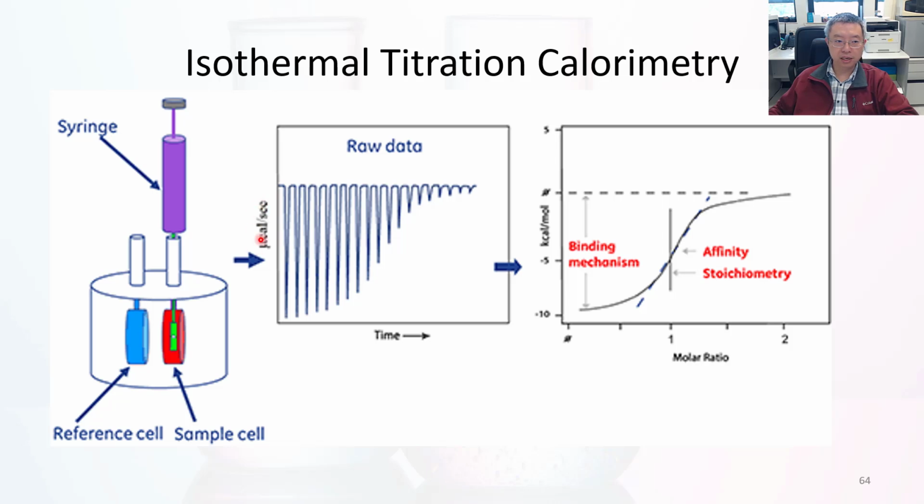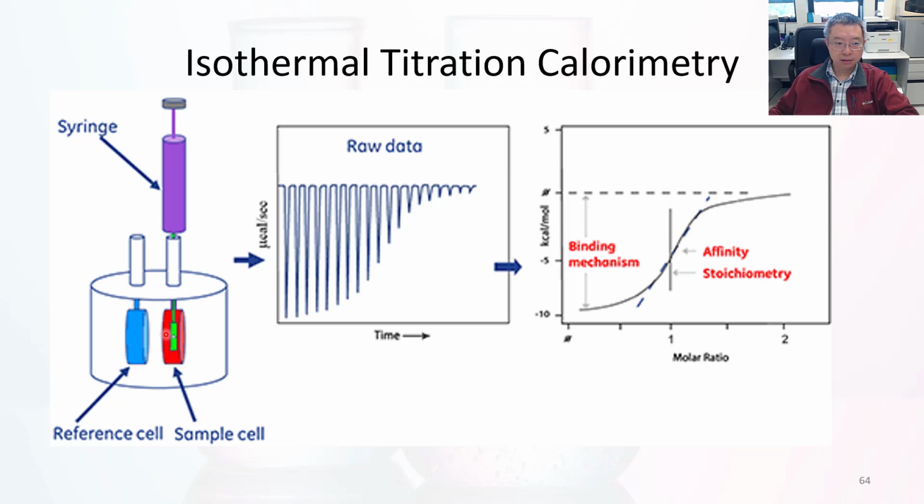In this case, this corresponds to the heat that was generated, because of how the system works: you have a reference cell and your sampling cell. Instead of measuring how much heat or temperature rise, this system has an electrical coil here.